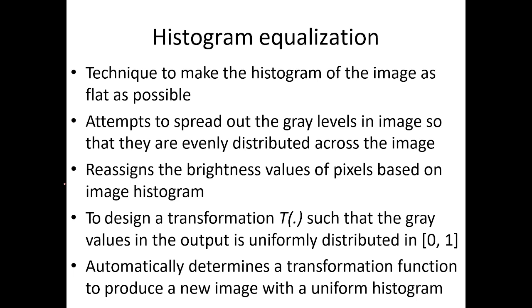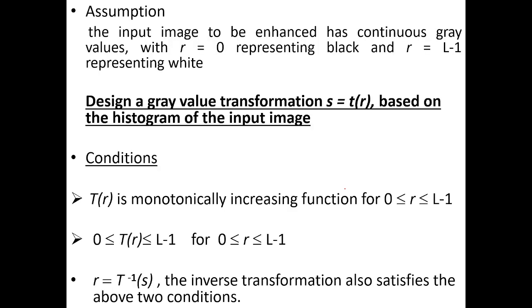Making it an average transformation is nothing but equalization of the histogram. It is automatically determined by a transformation function which produces a new image with a uniform histogram, with output uniformly distributed between 0 and 1 for every pixel. Each pixel gets an average value, which is reassigned to the image.